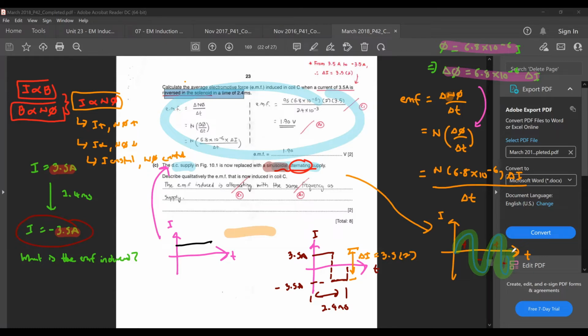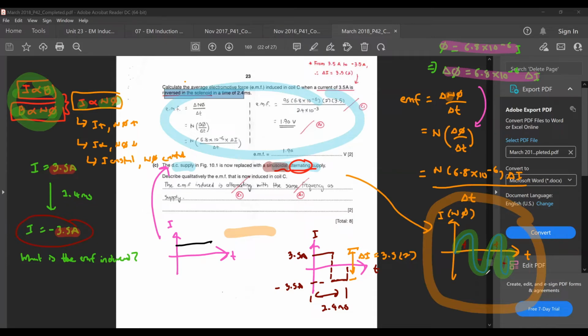So here the simple answer that I can mention to you is this. We know that when current changes, flux density changes, flux linkage changes. The end conclusion is that when current changes, flux linkage changes. So if you look at the graph of I versus T that I drew on the bottom right hand corner here, a graph of flux linkage versus time will also look the same.